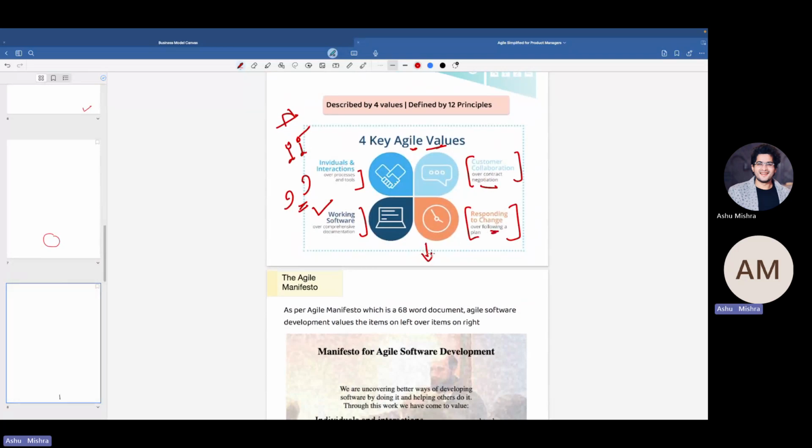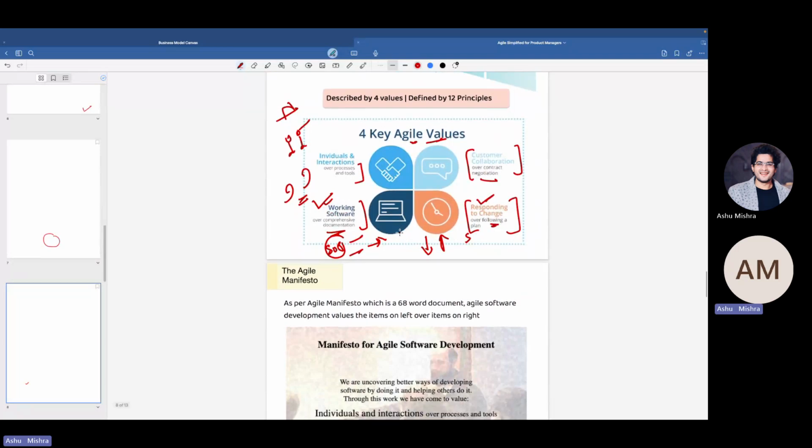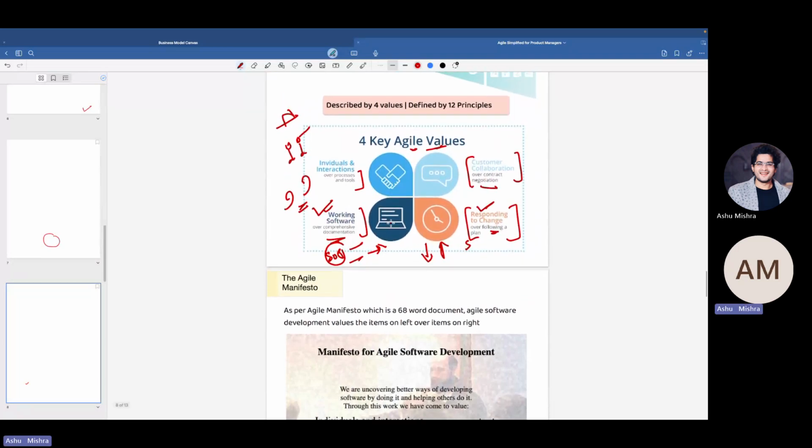The principle of Agile itself says that you need to respond to change rather than follow an SOP. And hence comprehensive documentation, which is an amalgamation of different kinds of SOPs, is not preferred over working software, right? So these are the four key values.